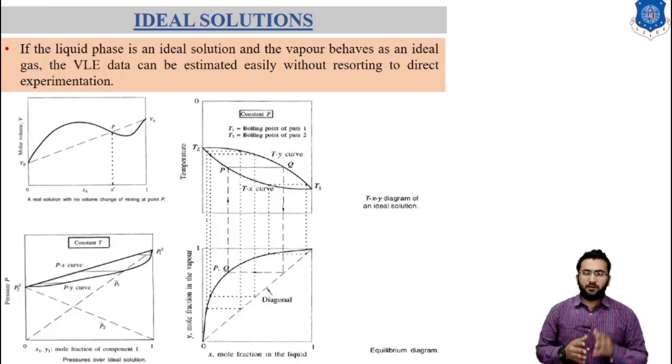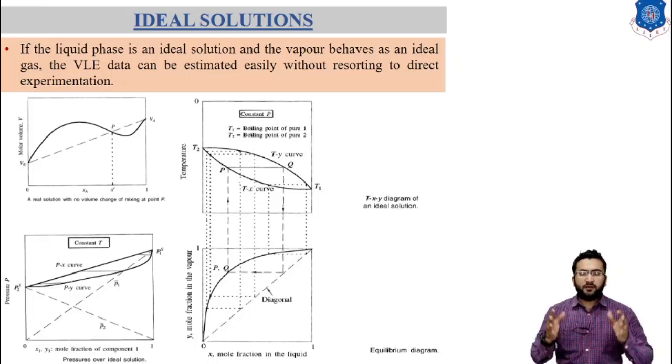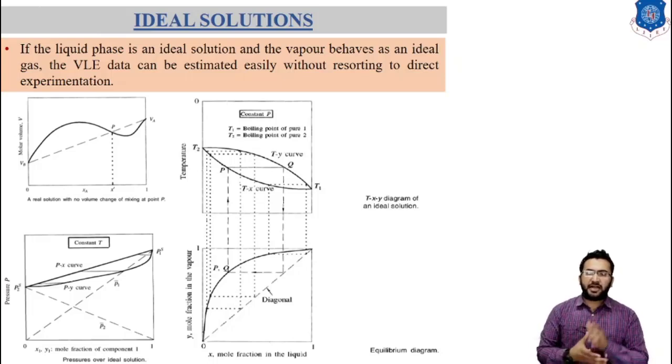It is possible to determine the vapor-liquid equilibrium data of certain systems from the vapor pressure of pure components. If the liquid phase is an ideal solution and the vapor phase behaves as an ideal gas, the VLE data can be estimated without resorting to direct experimental data.